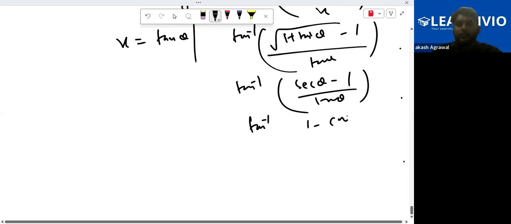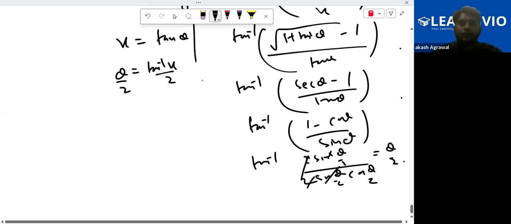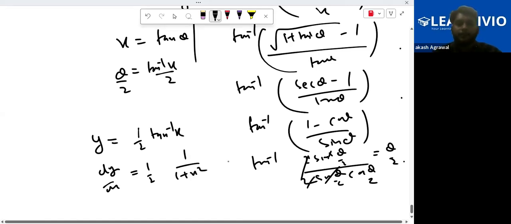So tan inverse, this is 1 minus cos theta upon sin theta. Okay. So tan inverse of 2 sin square theta by 2 upon 2 sin theta by 2 cos theta by 2. This is gone. So we have finally theta by 2. And from here theta is tan inverse x, so it is tan inverse x by 2. Okay. So y is given as half tan inverse x. So dy by dx will be half times 1 upon 1 plus x square. Okay, everyone?